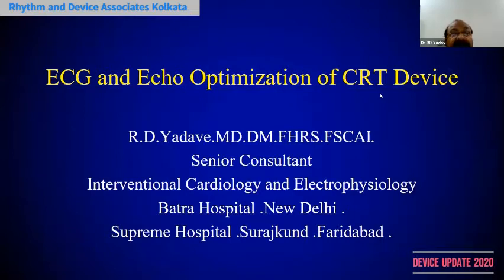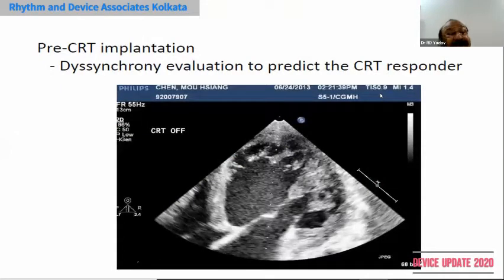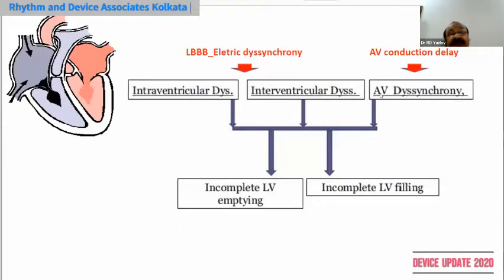Let's discuss first pre-CRT implantation. Response will depend upon the pre-CRT implantation selection. Desynchrony evaluation is important in a CRT responder; if there is no desynchrony, ECG changes alone may not give benefit. But the trials have clearly shown that ECG is the marker for selection of CRT, because the PROSPECT trial has shown no benefit with echo-based selection only.